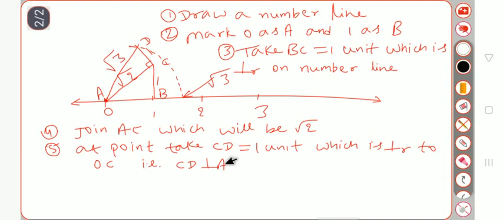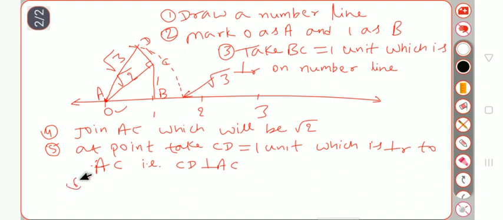Sorry, I got confused here. We have taken 0 as A, so this is not O, that is 0. So we can take it as AC. Just 1 second. This is AC. Means CD is perpendicular to AC. Okay, it is 0.